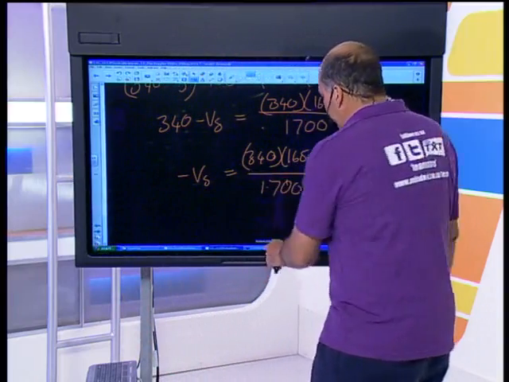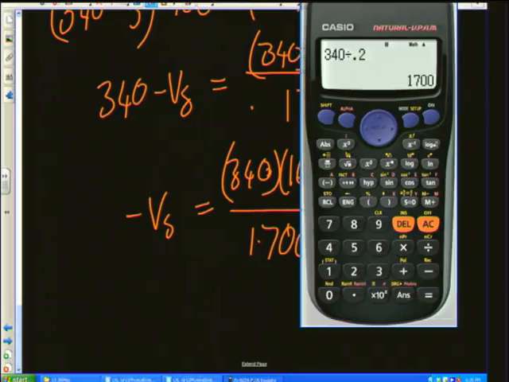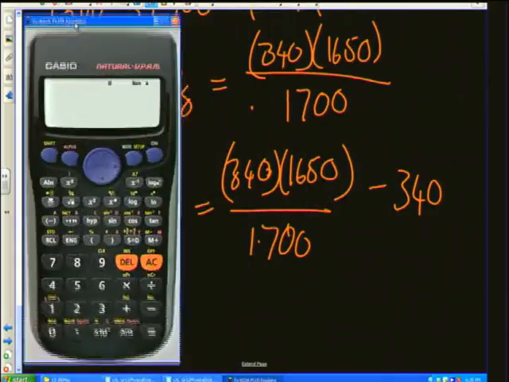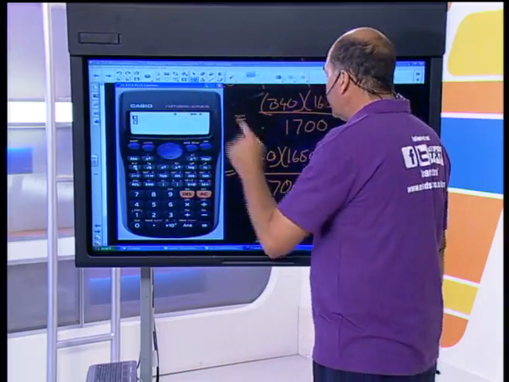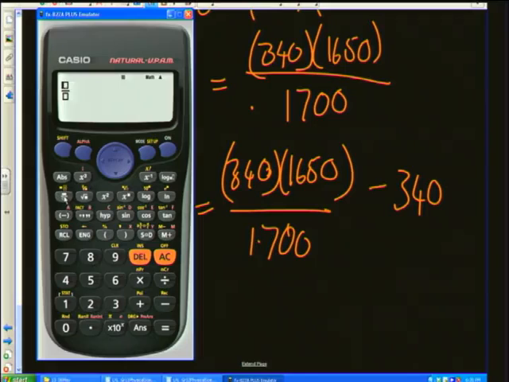But at this point, I'm going to leave it there. I don't want to lose it, but I don't want to use it just at the moment. Let's deal with the fraction first of all. Now, on the Casio calculator, we've got this lovely fraction tool. I think that these Doppler effect questions are an ideal place for you to use the fraction button. So that's exactly what I'm going to do.